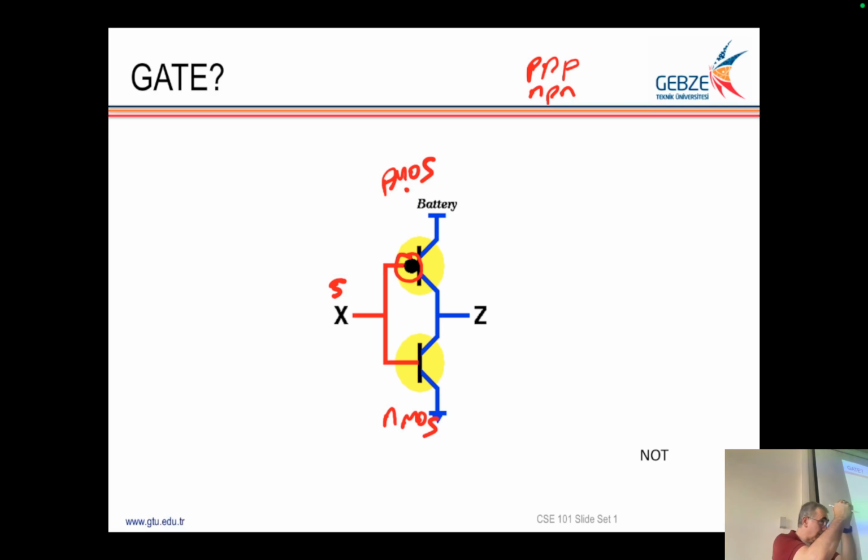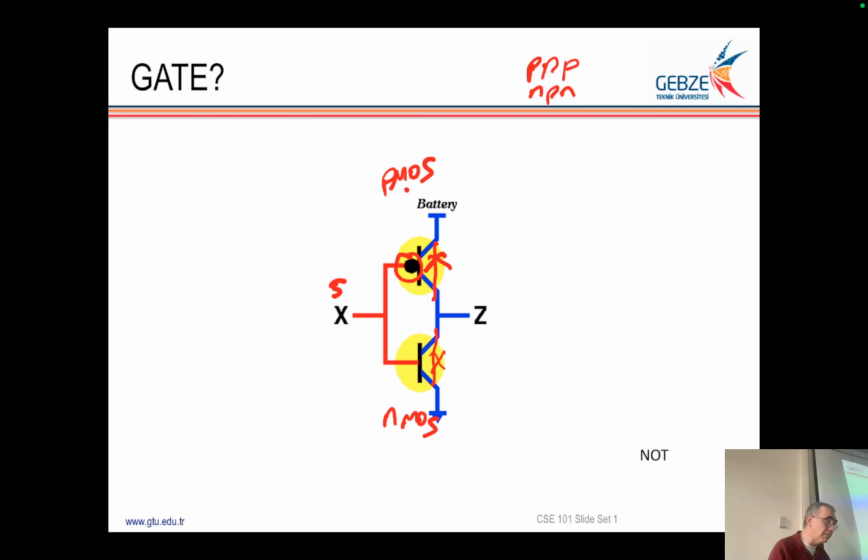So if I pull it down, it works. It is connected. If I hold it up, this is disconnected. This one, if I hold it up, it is connected. If I pull it down, it is disconnected. Okay?